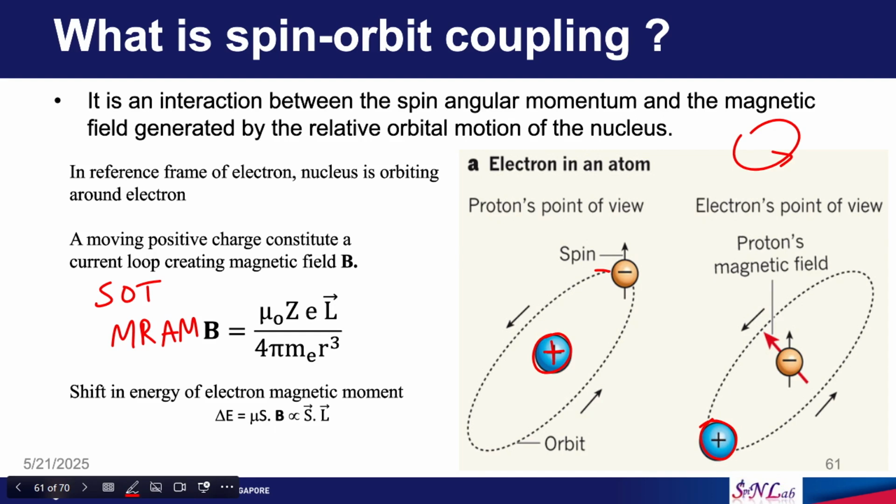So, when an electron goes around a nucleus, basically the electron will see a magnetic field, and that magnetic field is given by this formula. Okay. So, it depends on the charge of the proton and the number of protons inside the nucleus. Okay. So, this is the magnetic field.